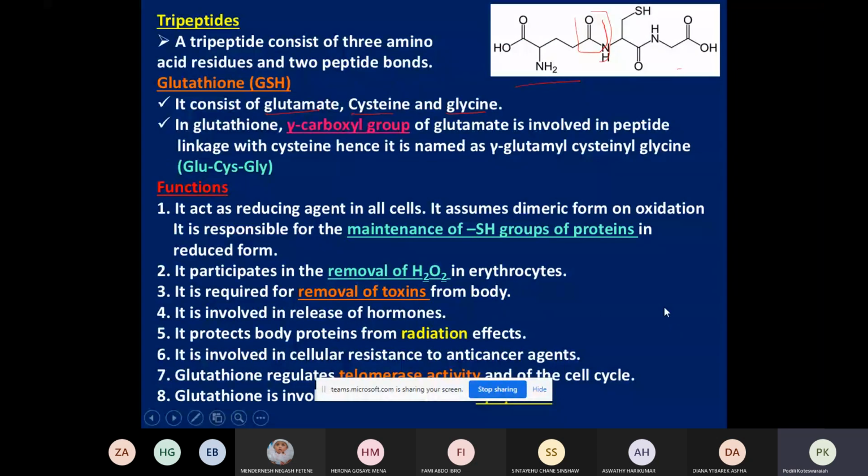reduced state, and it participates in many reactions, such as the removal of hydrogen peroxide in the erythrocytes, removal of toxins, and release of hormones. It also protects the body from radiation, regulates telomerase activity, and is involved in the modulation of apoptosis. So this is a non-enzymatic antioxidant present in the human body, and glutathione plays a very important role.